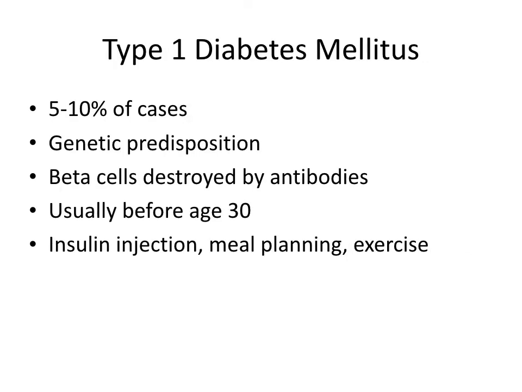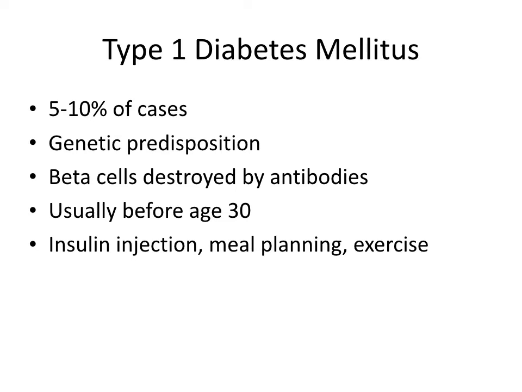Now, type 1 diabetes mellitus accounts for about 5 to 10% of the cases of diabetes mellitus that occur. There has been data to show that there is a very strong genetic predisposition for developing type 1 diabetes mellitus.